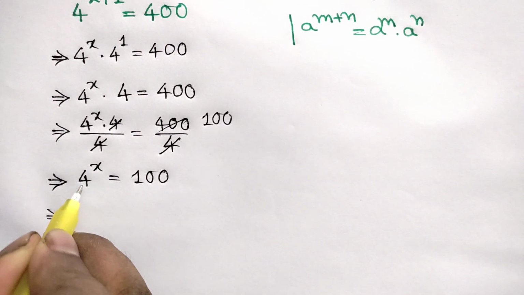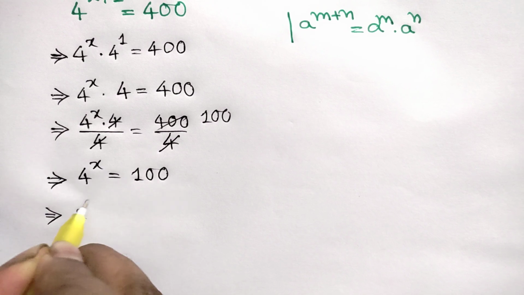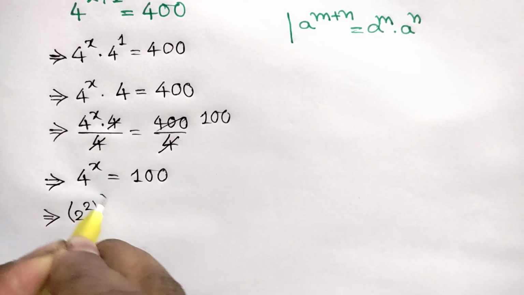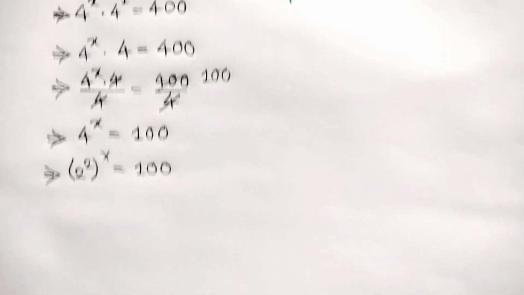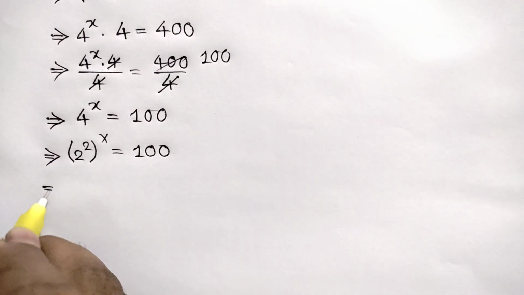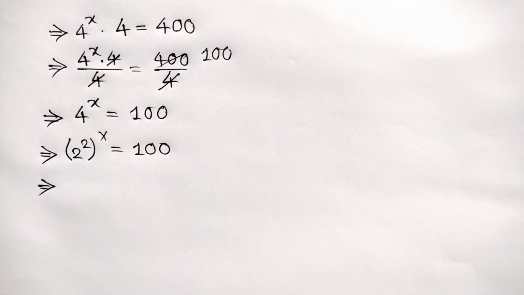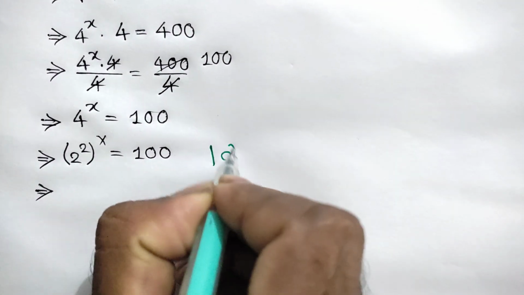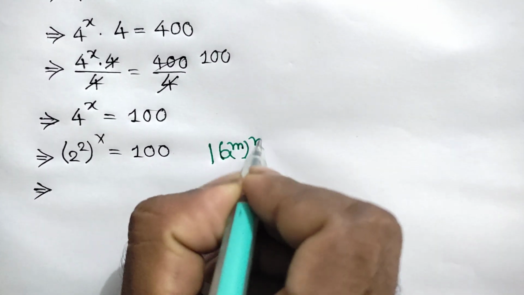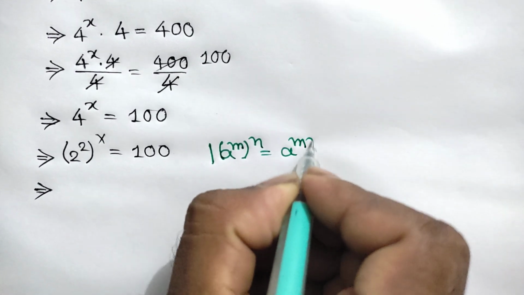Now this 4 can be written as 2 square, whole to the power x is equal to 100. Again applying another exponential formula, a to the power m whole to the power n is equal to a to the power mn.